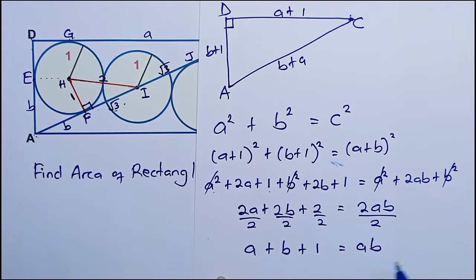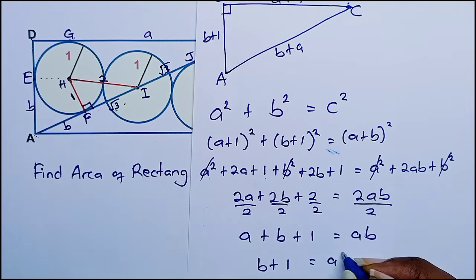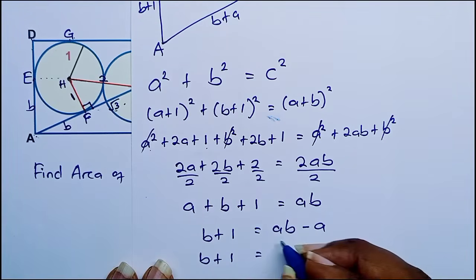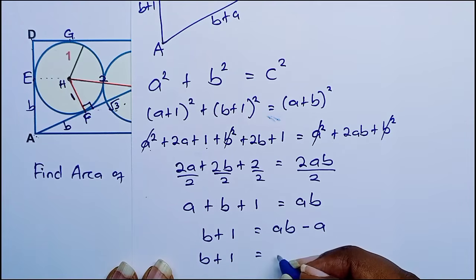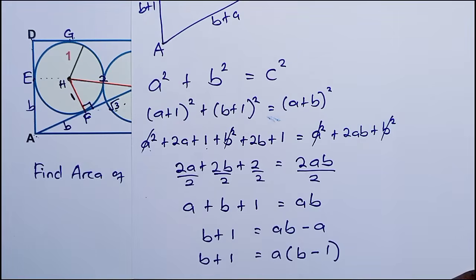So let us take the A to the other side. We shall have B plus 1 equal to AB minus A. And so B plus 1 is equal to, we factor out A, we shall have B minus 1.